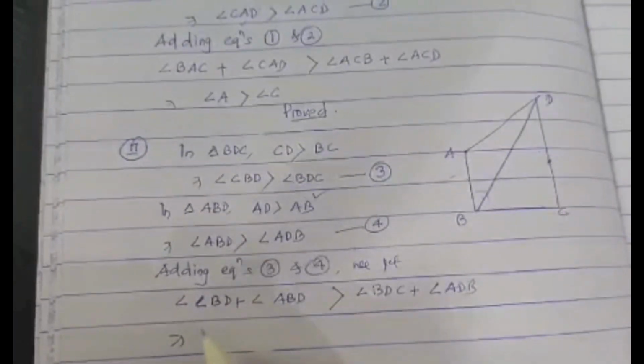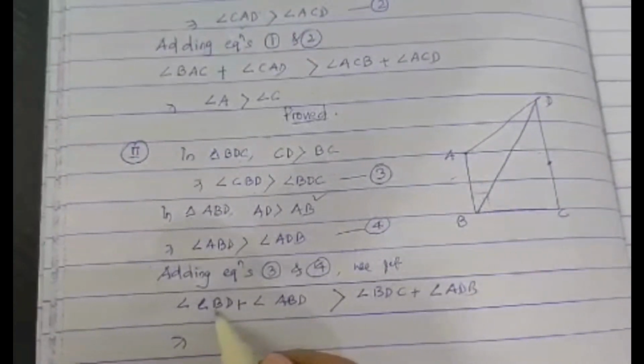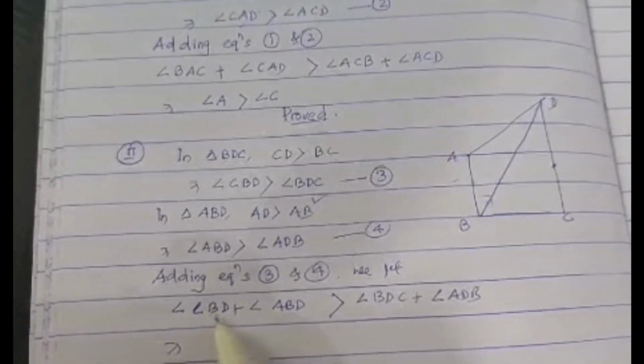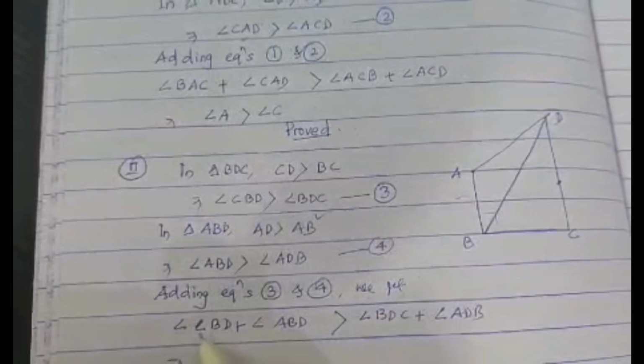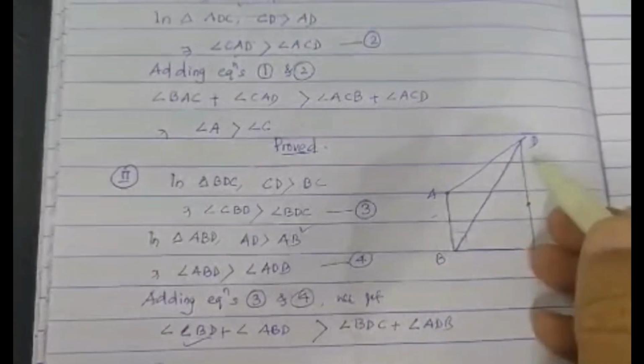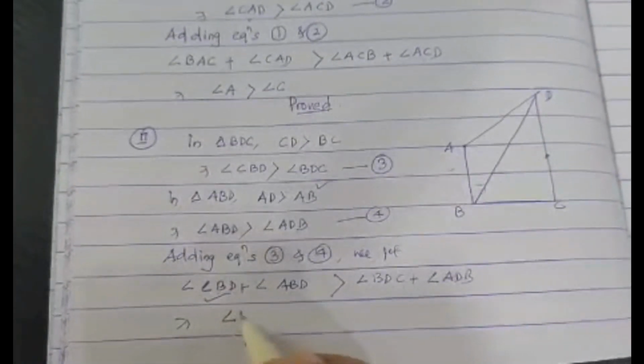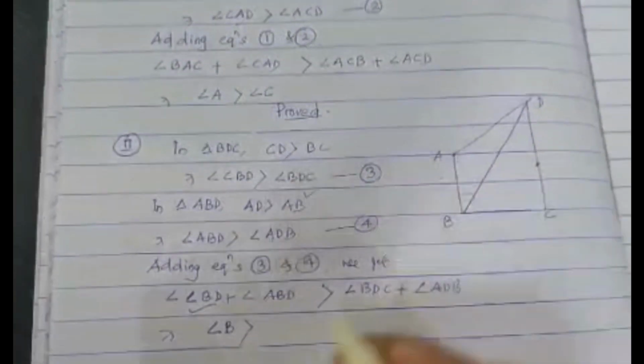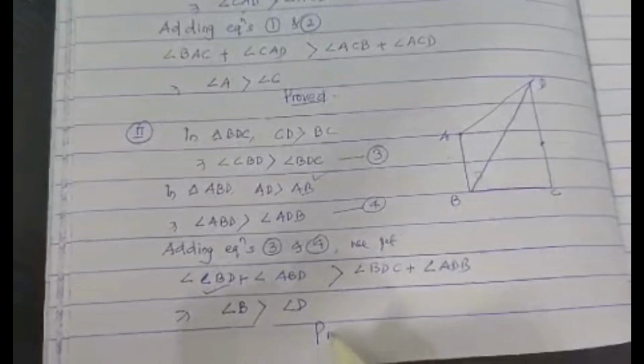This implies angle CBD plus angle ABD, that means angle B, and angle ADB and angle BDC, that means angle D. This is also proved.